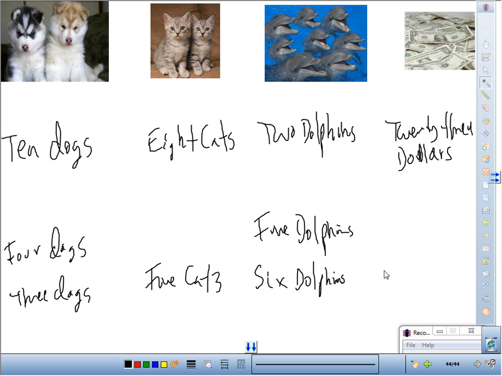And I sent $100. Okay, so there you go. That's the inventory.